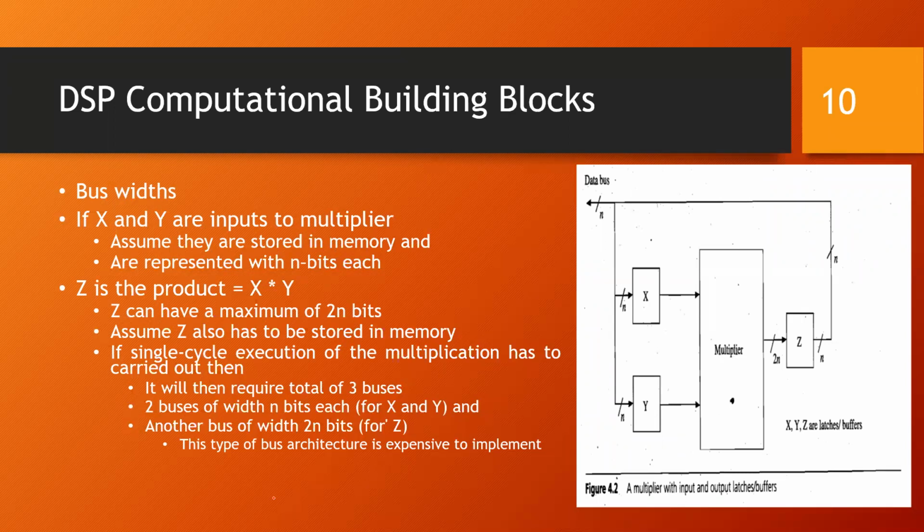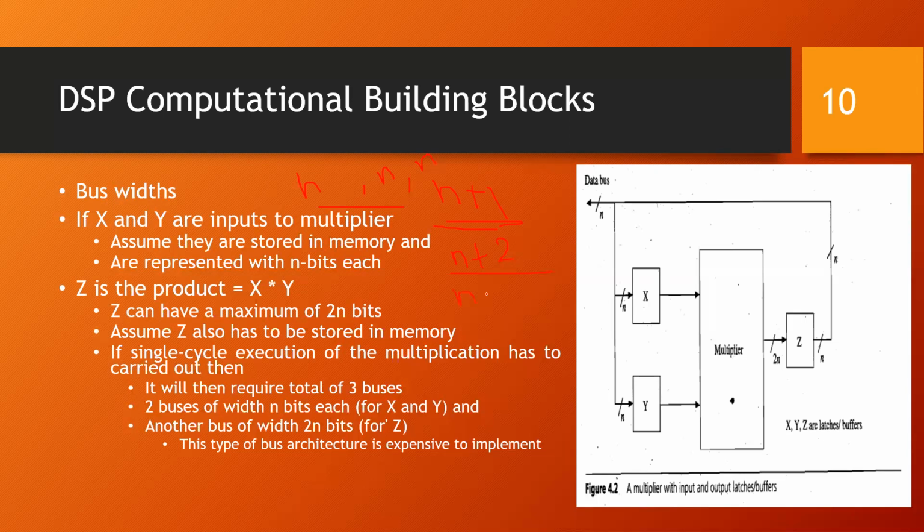For example, if I'm adding two n-bit numbers, then the maximum would be n plus 1. If I'm adding this, one extra bit might be required when you're doing addition. Say if you're adding 3 n-bit numbers, I would require 2 extra bits for the addition.